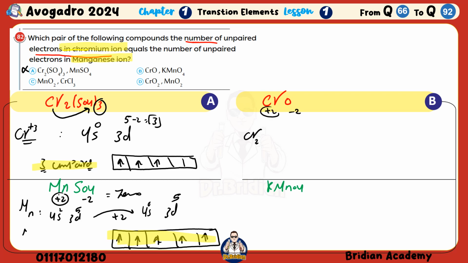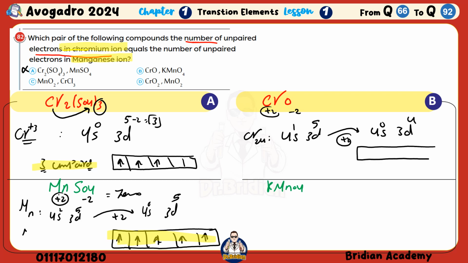Chromium in atomic state is 4s1, 3d5. When losing 2 electrons in oxidation state positive 2, it will be 4s0, 3d4. Drawing the d orbitals and distributing our electronic configuration, it will be 4 unpaired electrons.